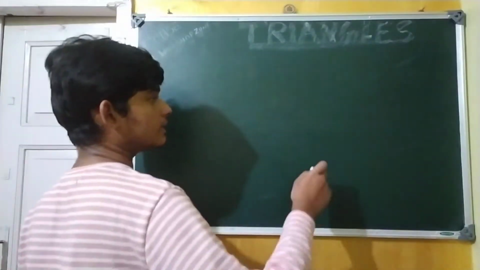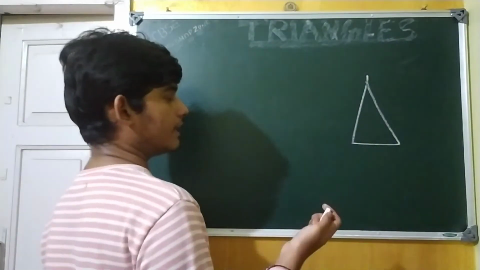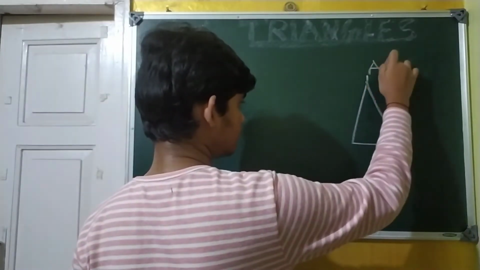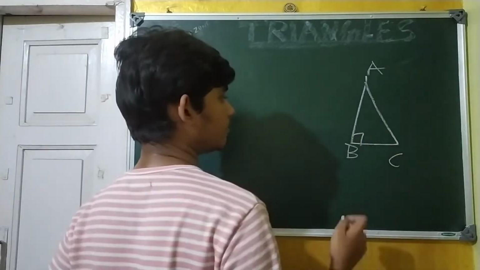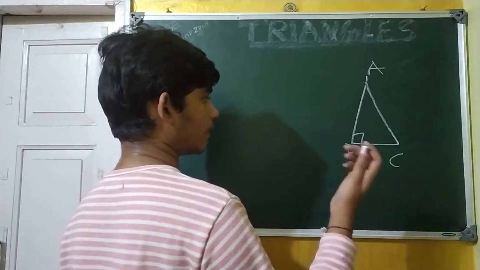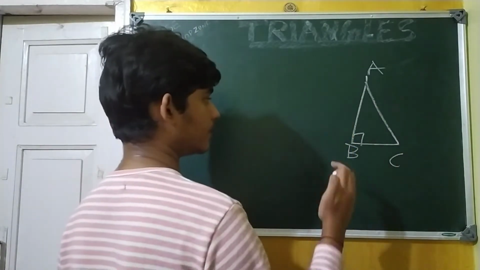So first of all, what is the Pythagoras Theorem? Now the Pythagoras Theorem states that in a right angle triangle, let's take this as a right angle triangle, the square of the hypotenuse is equal to the sum of the squares of the other two sides.